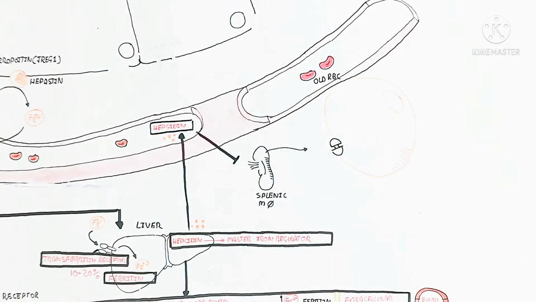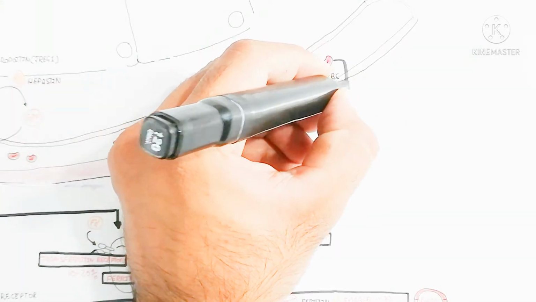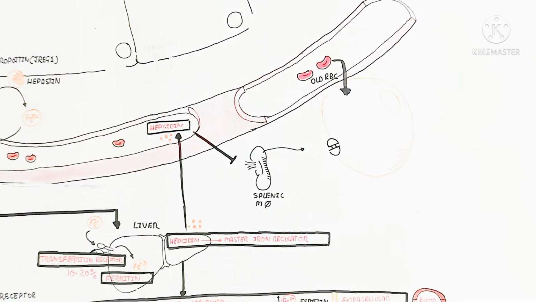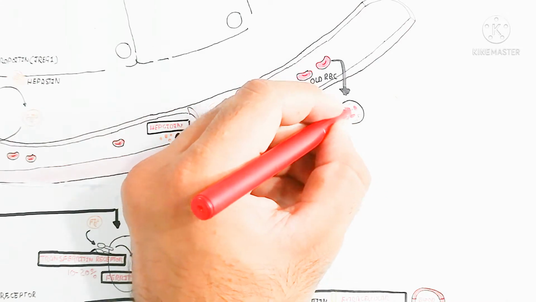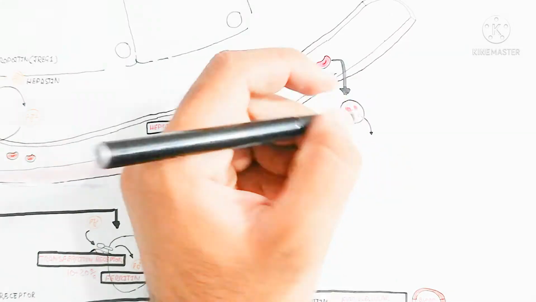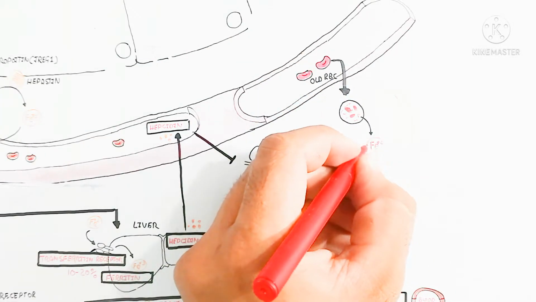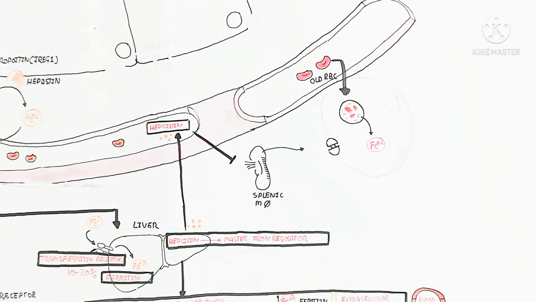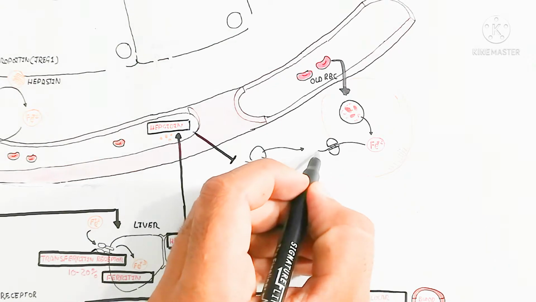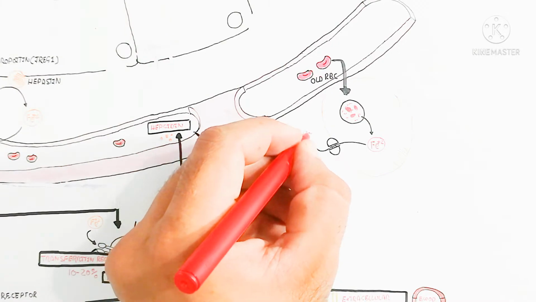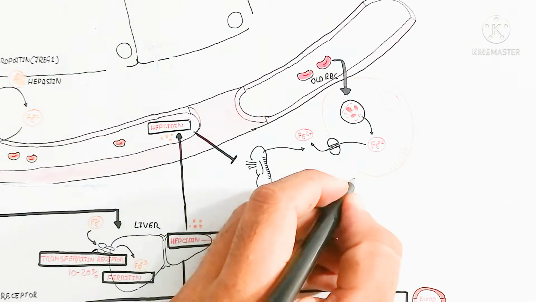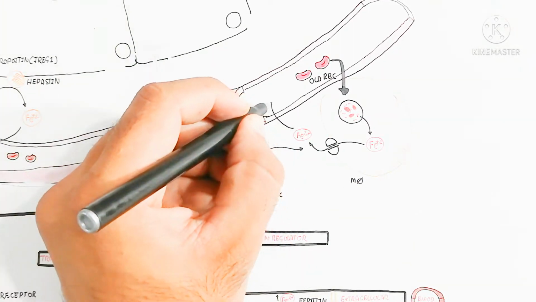Why? Because the excess of the iron is present in the liver, so we do not need to absorb more iron. On the other hand, the hepcidin also inhibits the release of the iron into the splenic macrophage.